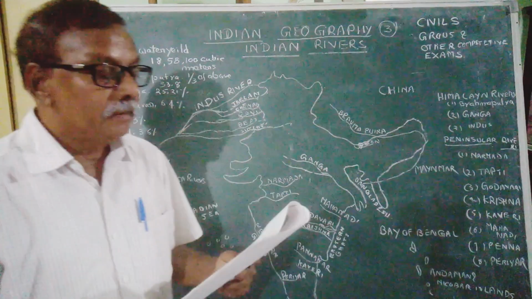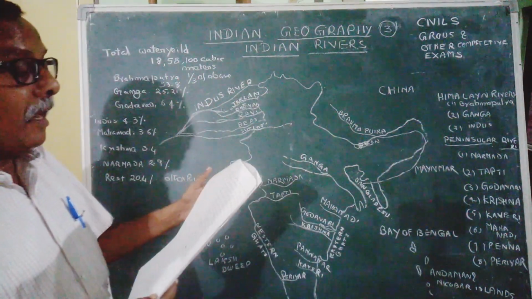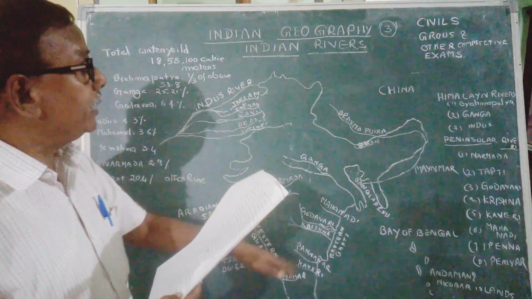Yamuna river is the largest and most important tributary of Ganga river.